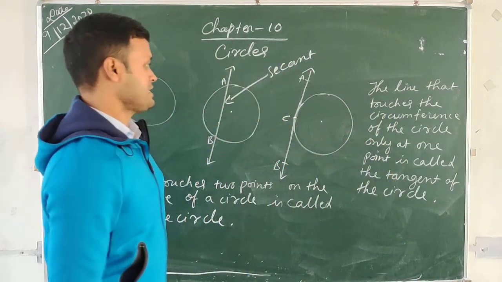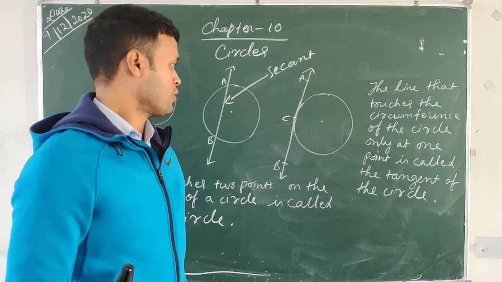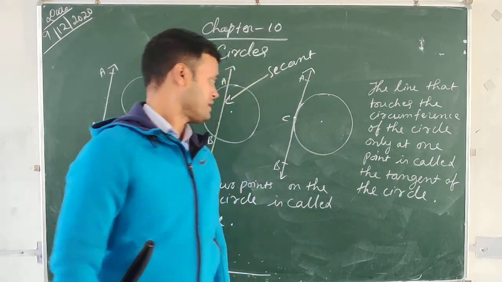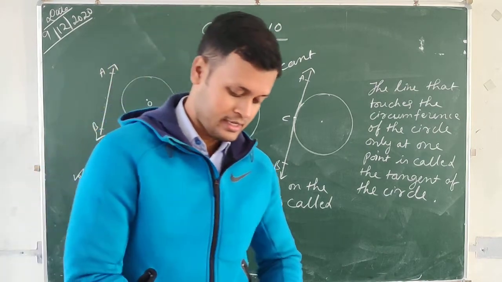Okay. So the line that touches the circumference of the circle only at 1 point is called the tangent of the circle.